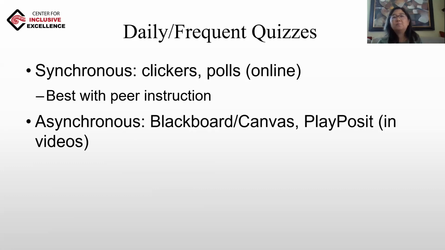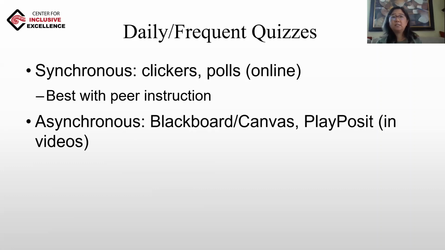There's a note here about this being best with peer instruction. Peer instruction refers to asking students a question, asking them to register their response individually, but then giving them time to discuss their responses with someone else, with another student sitting next to them or in small groups, and then re-asking the question.